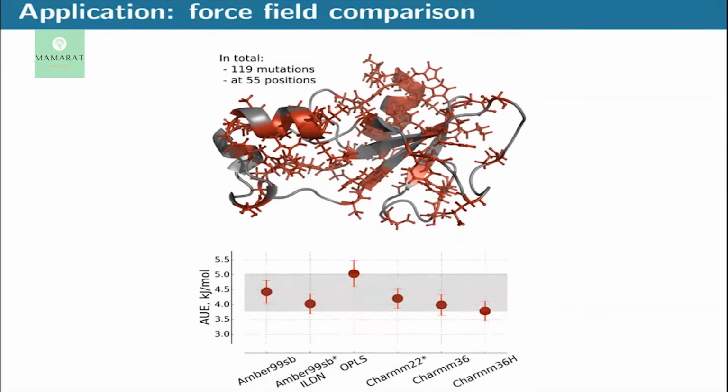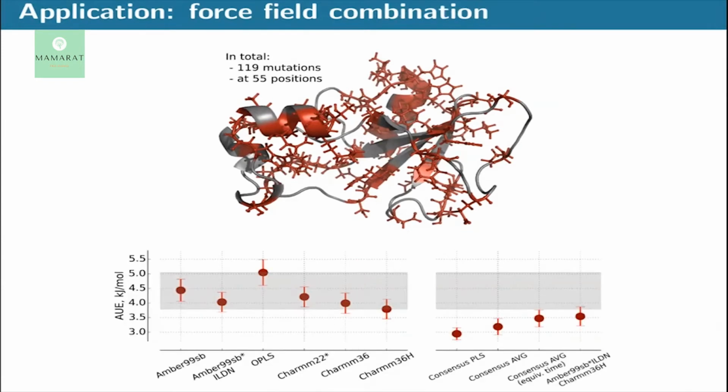So we can start really looking at the thermodynamic comparison of the force fields, and we can also look into an interesting avenue, how to combine the results in the best way. Here I will not go into much detail, but we can start building consensus results of the force fields. Either we can use some machine learning technique like the partial least squares technique to build one single best answer, let's say by combining the results from two force fields or from five of them.